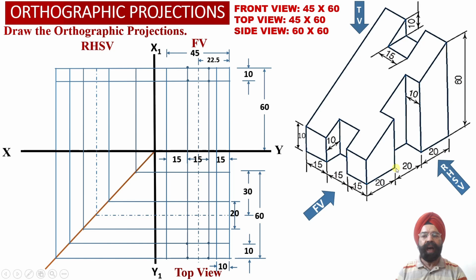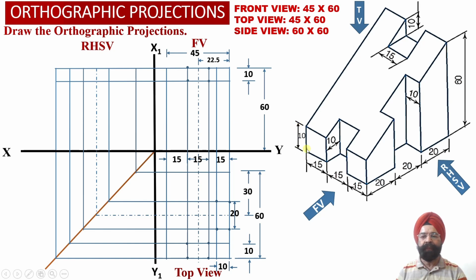Now we can check the 4 dots we have marked corresponding to this base of the rectangular slot, and since this cut section is resting on the horizontal plane, or is parallel to the horizontal plane, the true shape projections corresponding to this cut section we have been able to obtain into the top view projections over here. And the last dimension available corresponding to the solid is equal to 10 millimeter into the front view projections over here.